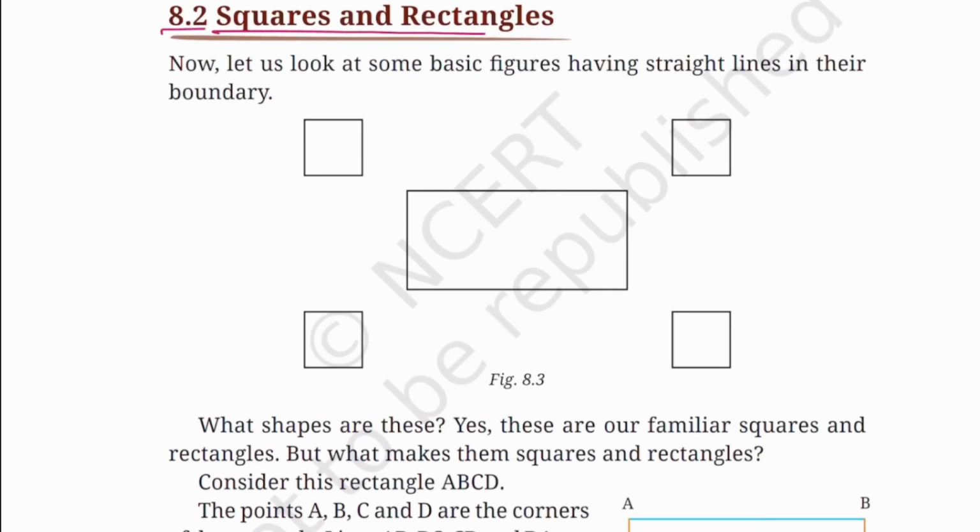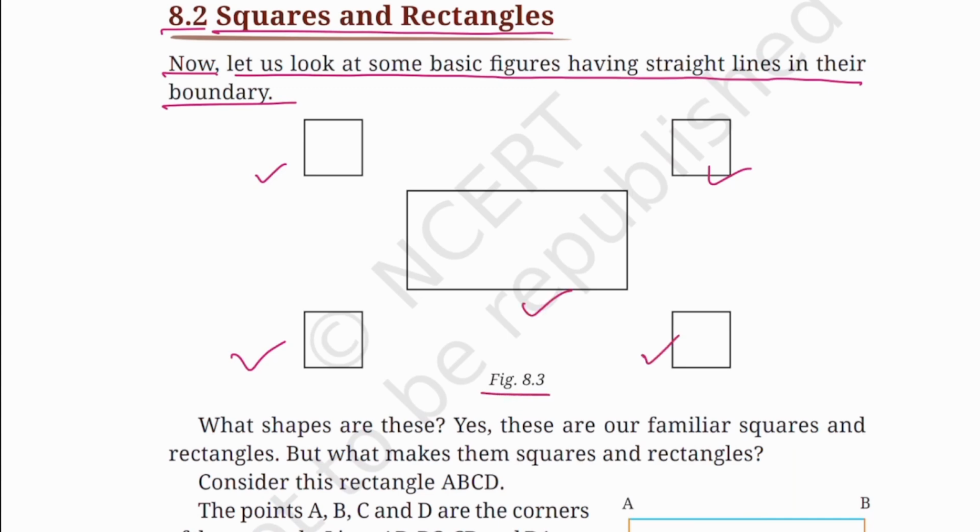8.2 Squares and rectangles. Now let us look at some basic figures having straight lines in their boundary, such as squares and rectangles. Figure 8.3.